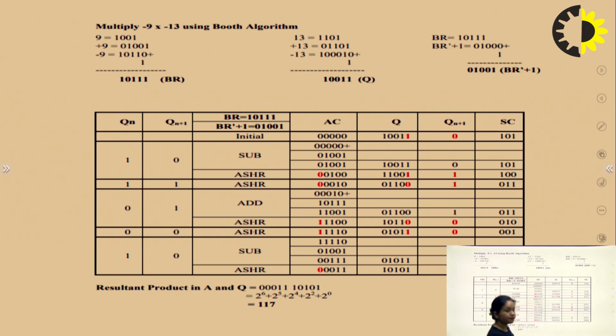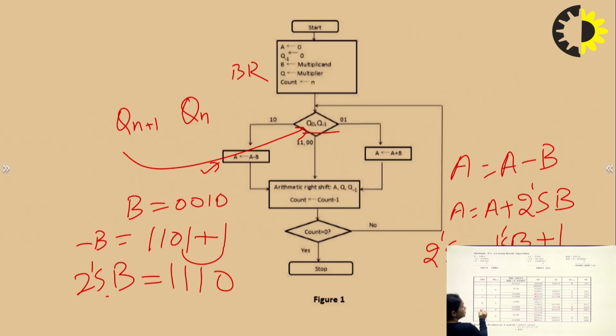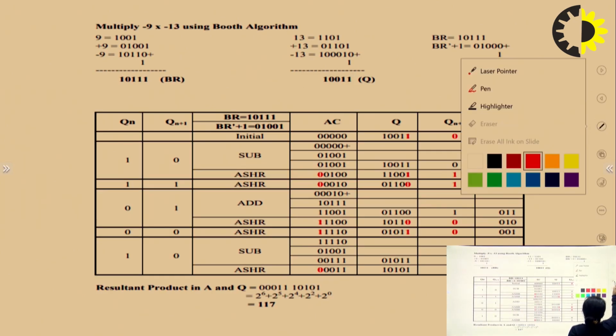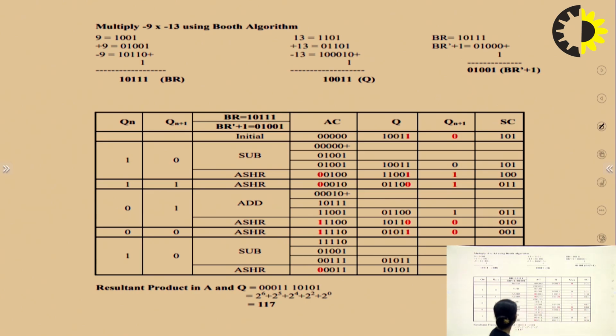Now it is 0 1, so we will perform the add. The accumulator value is 0 0 0 1 0. We will add the multiplicand, 1 0 1 1 1, and when we add, it will be 1 0 0 1 1.